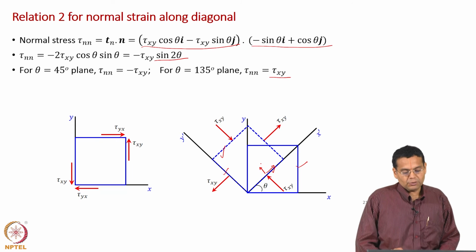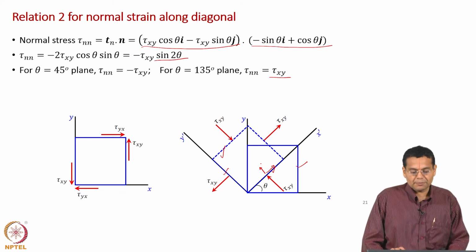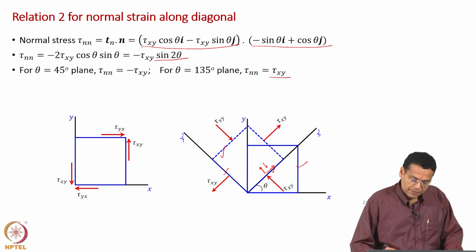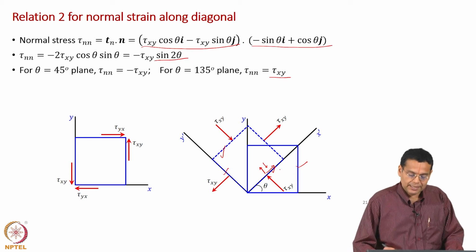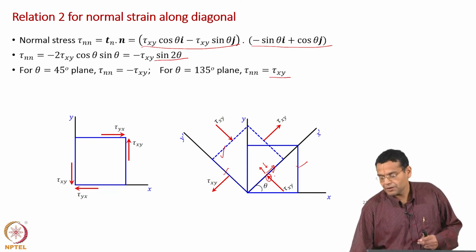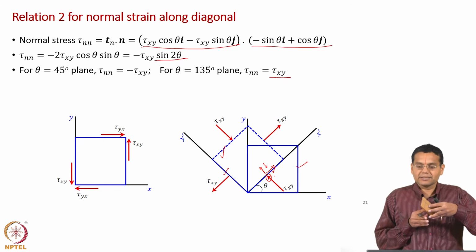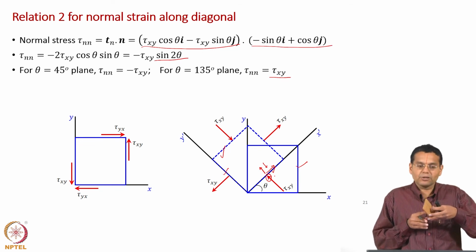We have found the normal stress to be minus tau xy, which means it is acting along this direction. And because I am indicating the force on the opposite side, I am indicating it in this direction. Remember we discussed, if we have a surface, the normal stresses acting on opposite sides are equal in magnitude, opposite in direction.